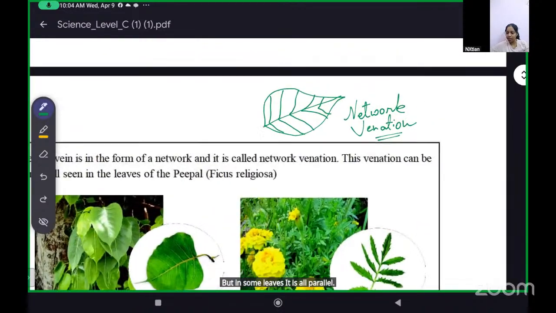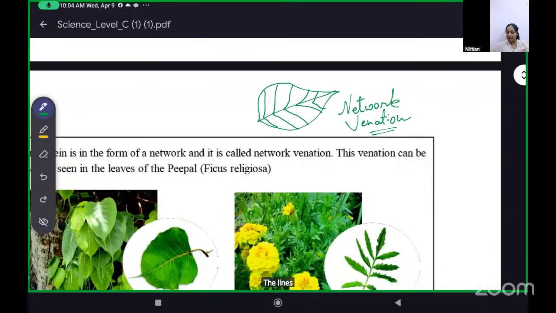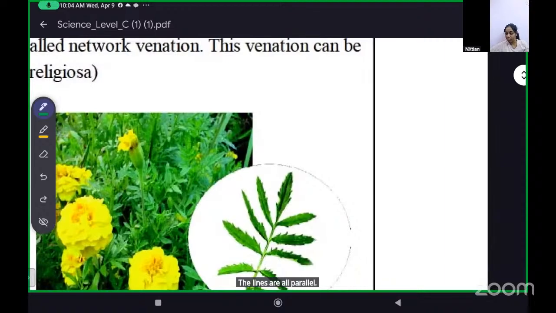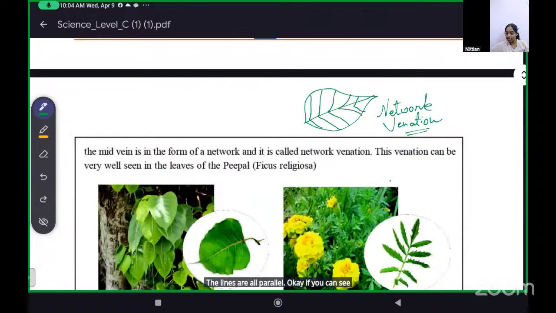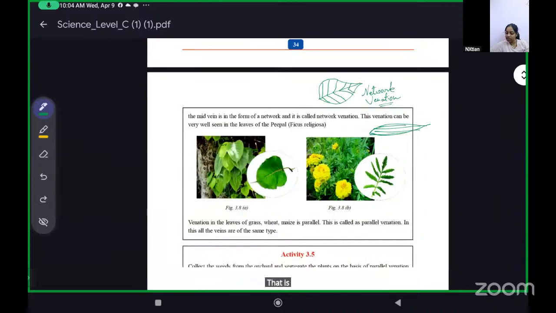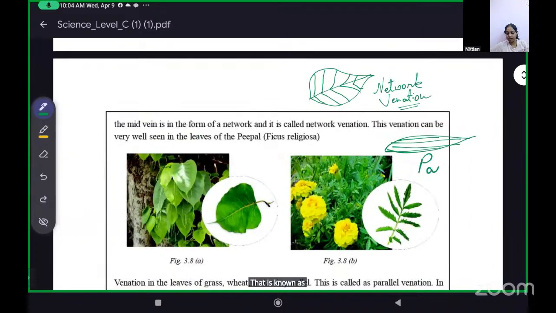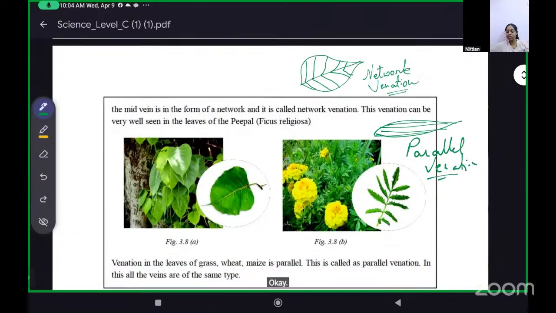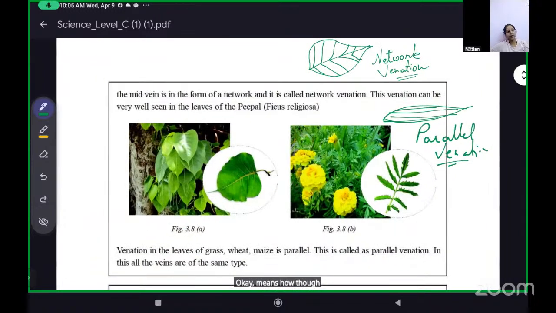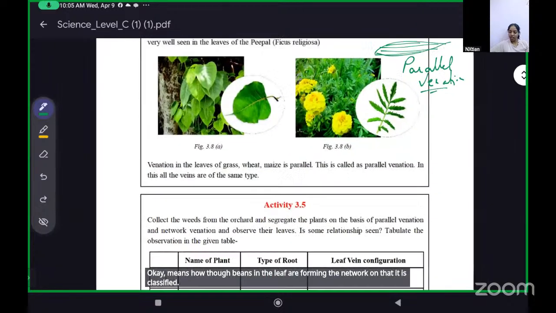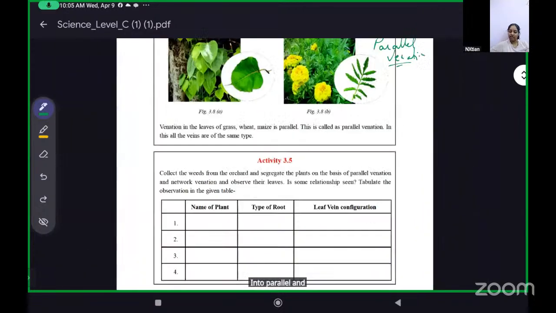The lines are all parallel. That is known as parallel venation. It means how the veins in the leaf are forming the network. On that basis, it is classified into parallel and network.